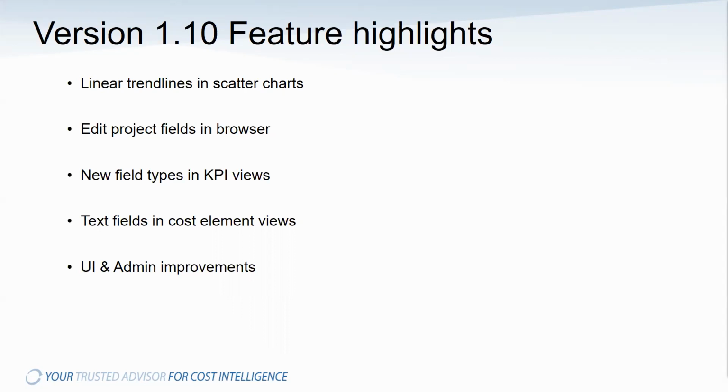Probably from a business perspective, the linear trend lines and scatter charts is the big splash item, I think. It really supports analysis in our effort to improve Cortex project history with every release to give tangible and useful tools.